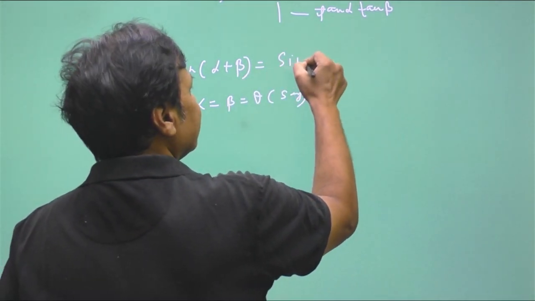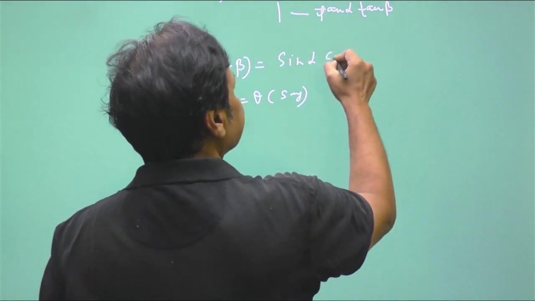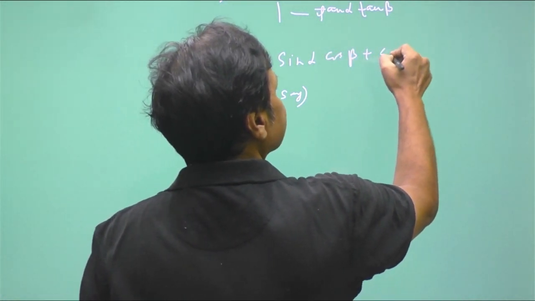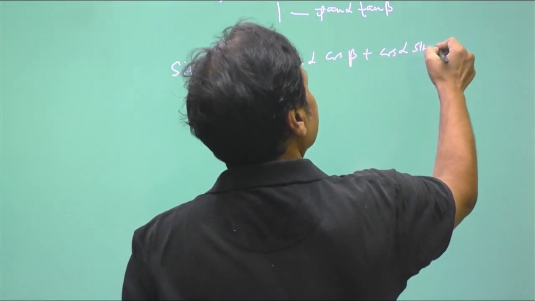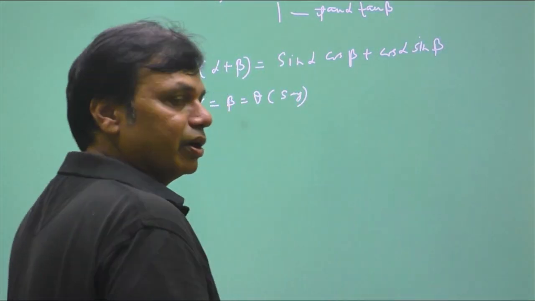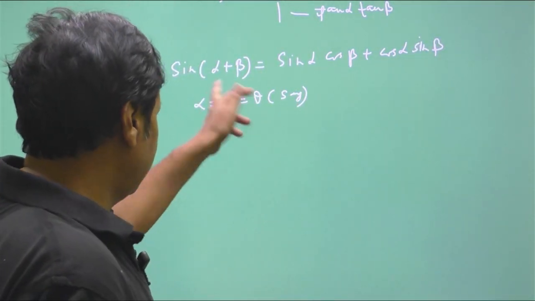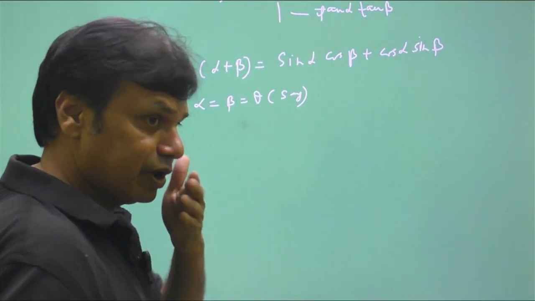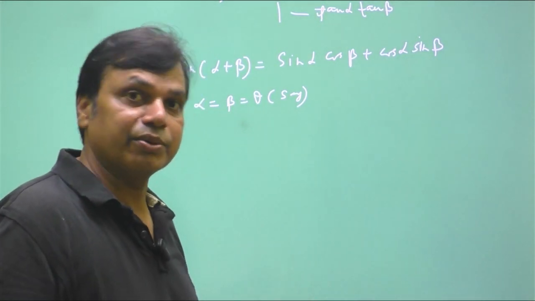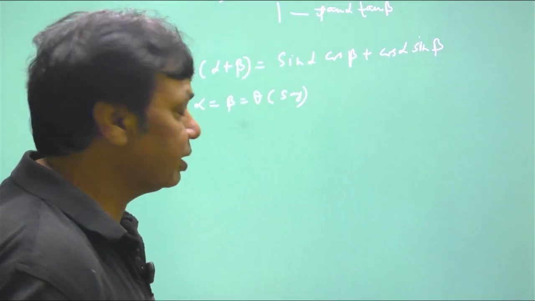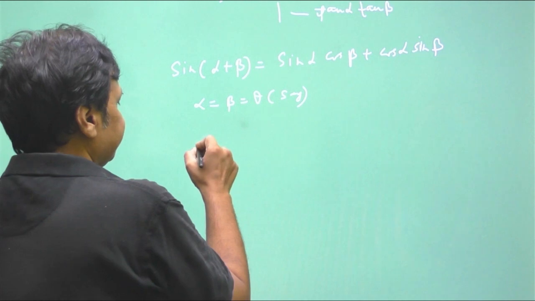This formula is sin alpha cos beta plus cos alpha sin beta. And what happens if you put alpha equals beta equals theta? The left hand side becomes sin 2 theta.